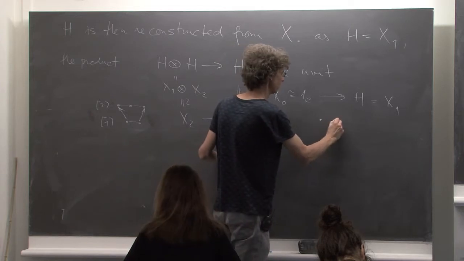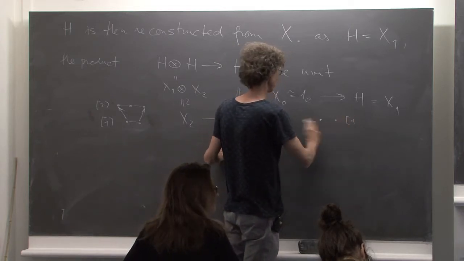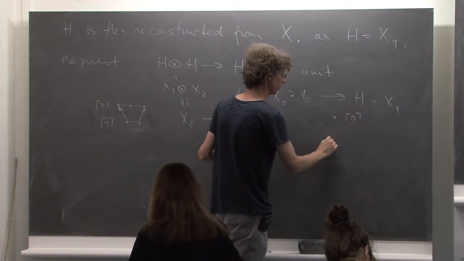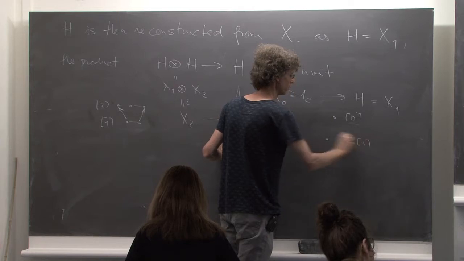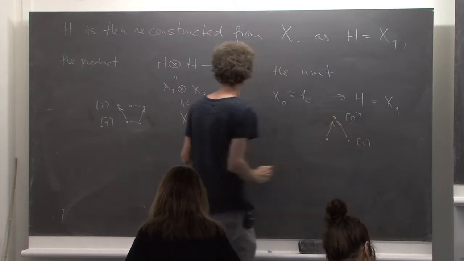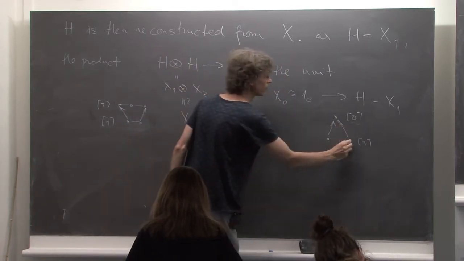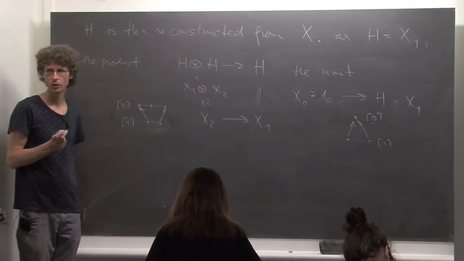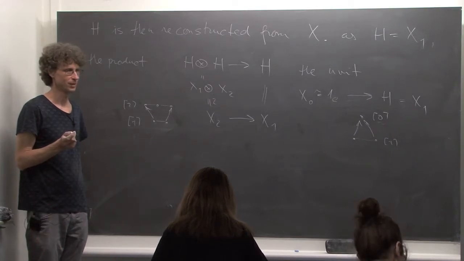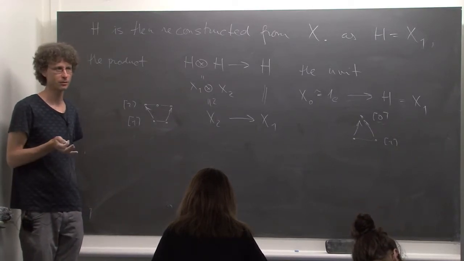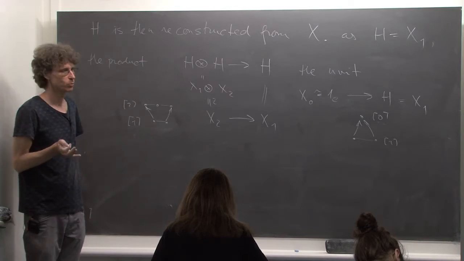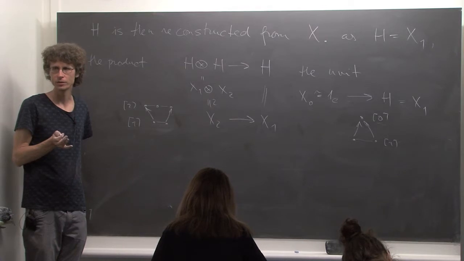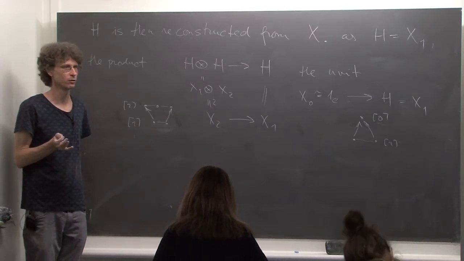So the thing is to consider the unique map from 1 to 0. So here somehow life is wonderful. One can reconstruct back the bialgebra from its nerve. And we can recognize when a simplicial coalgebra is actually the nerve of something.